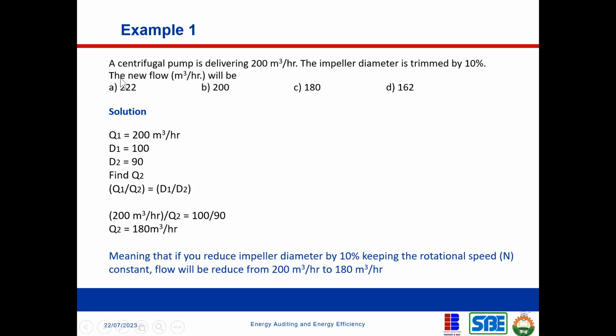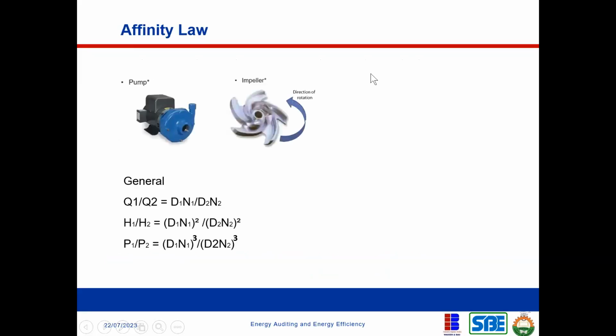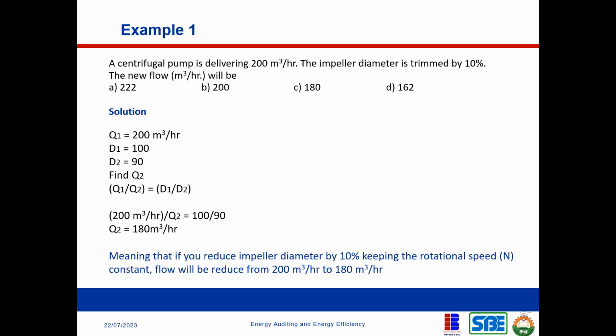Now the flow, in meters cubed per hour, will be what? What they're asking us is, if you reduce this impeller diameter by 10%, how will it affect the flow? How will it affect the water or the fluid we're going to get at the other side of it? That's the question it's asking us. In this case, we know Q1 is 200.